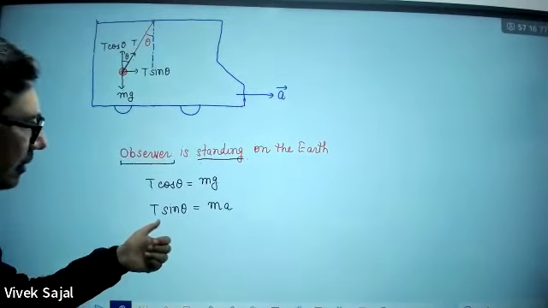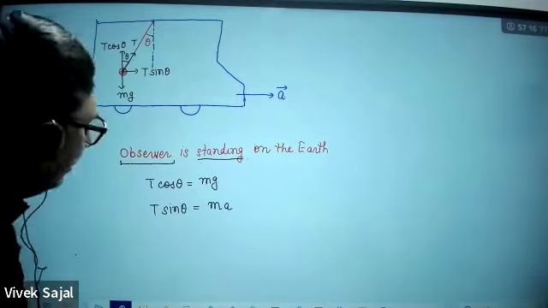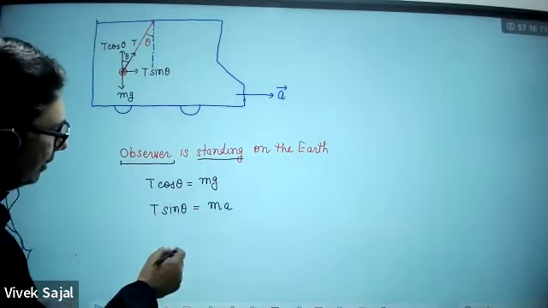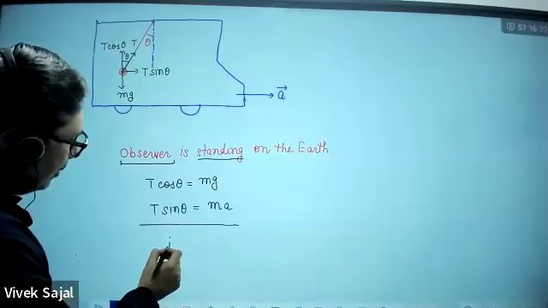So he is saying this T sin theta is actually responsible for this acceleration a. Now divide these two equations. What are you going to get? If you divide these two equations, you will get tan theta.